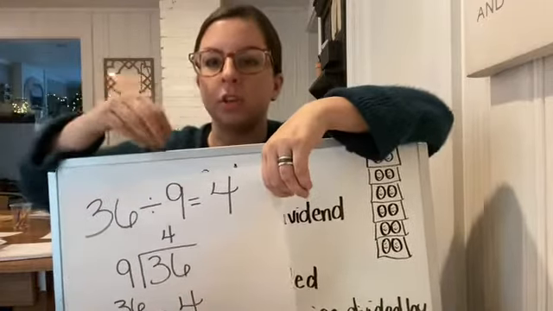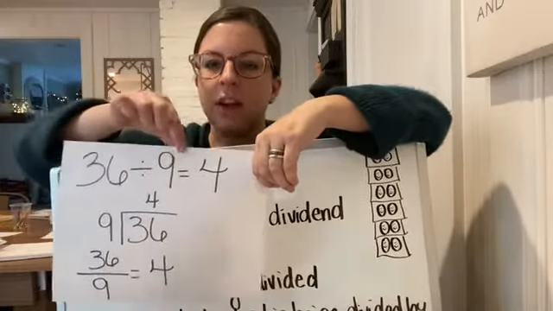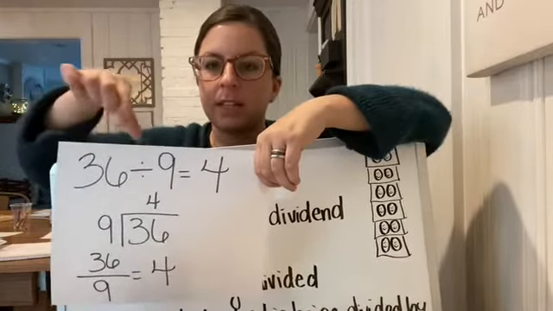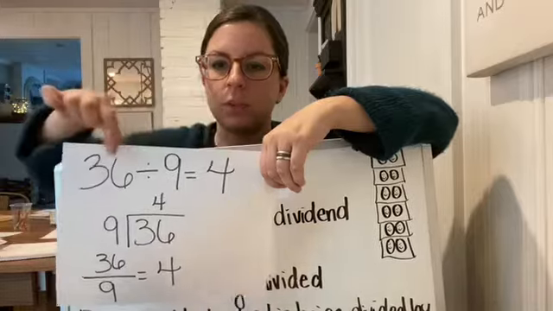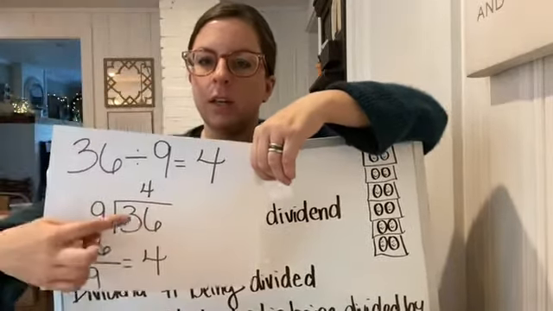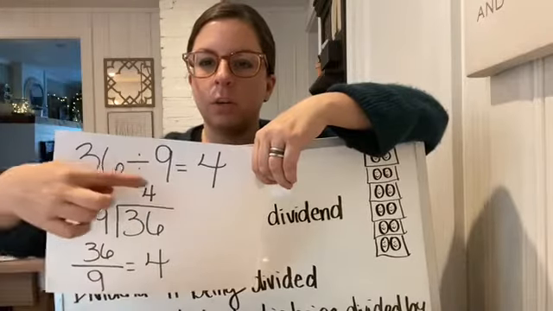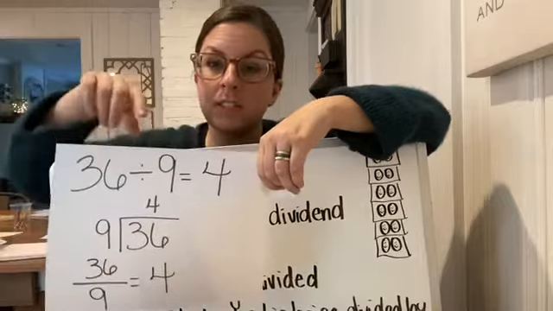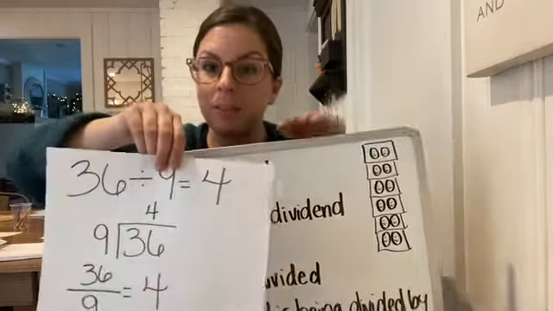Actor is the person acting. So the divisor is the number dividing. So 36 divided by 9 equals 4. Dividend, divisor, quotient. They're just in different places, but they're still doing the same thing.